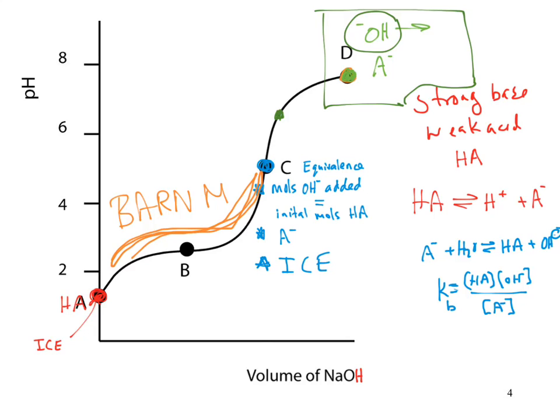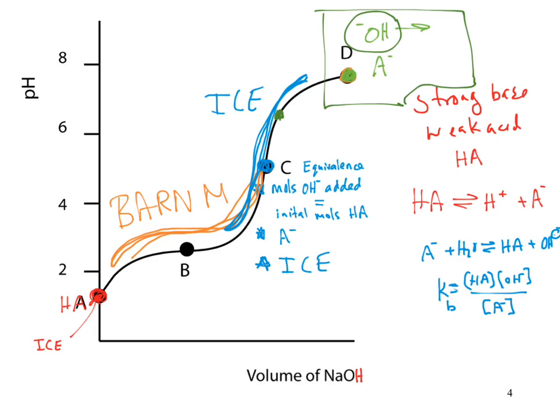Okay? Where it gets tricky for solving is all of the stuff kind of in that curve. Because that whole curve requires an ice chart. Okay, so when doing an acid-base titration, if you have excess strong acid or base, I am now telling you the problem that you will see on the exam means you do not have to do an ice chart, because what's contributing to the pH?